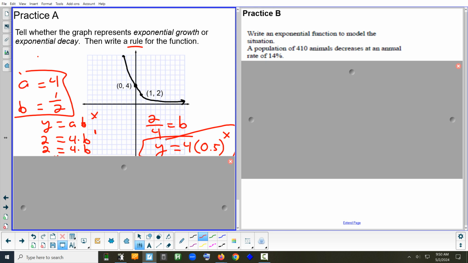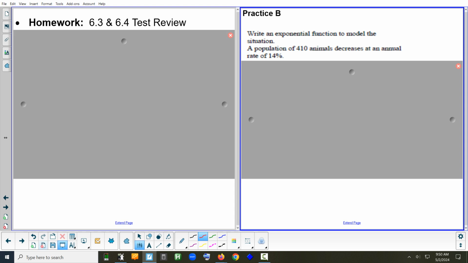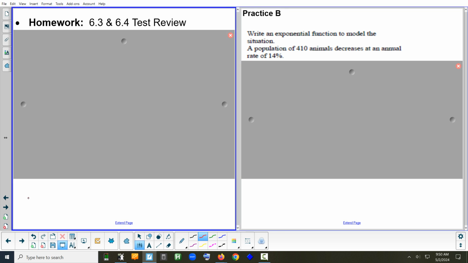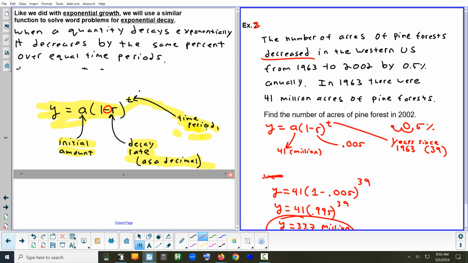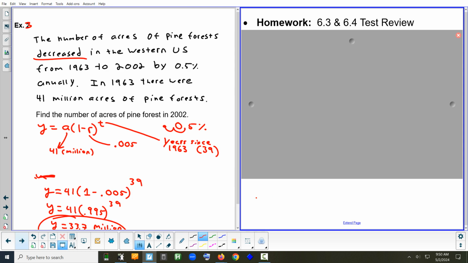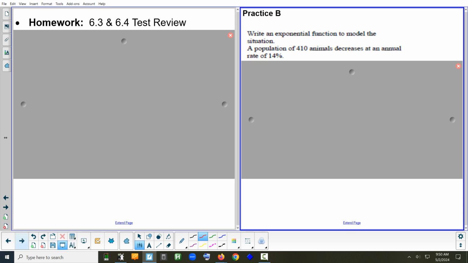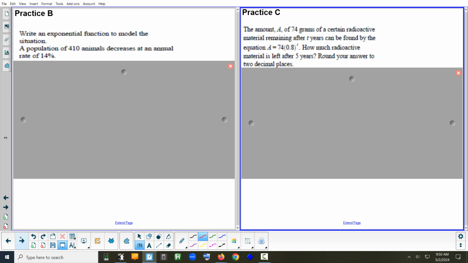All right. And how about practice B? Okay, so let me pull up that formula. A times 1 minus r to the t. Anyone think they got the final answer for that one?